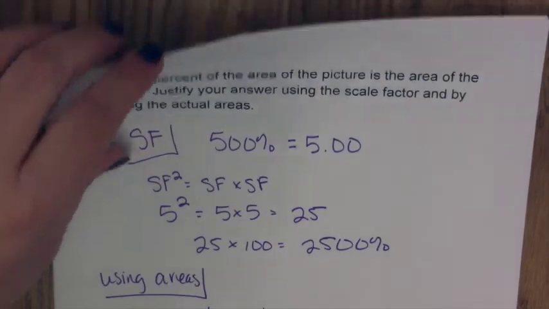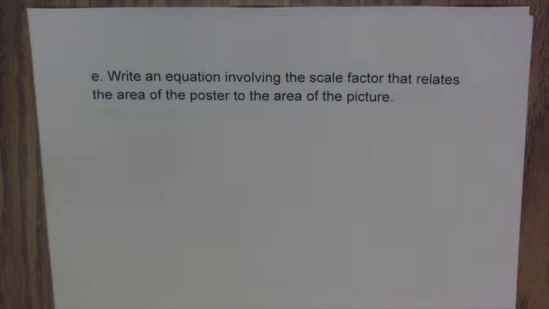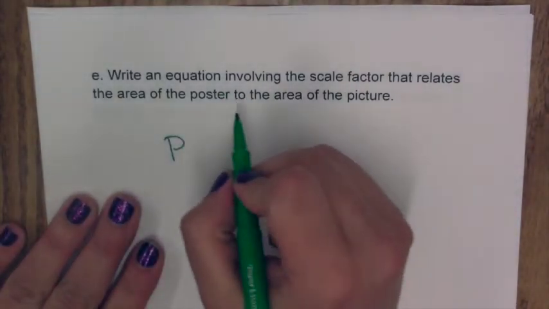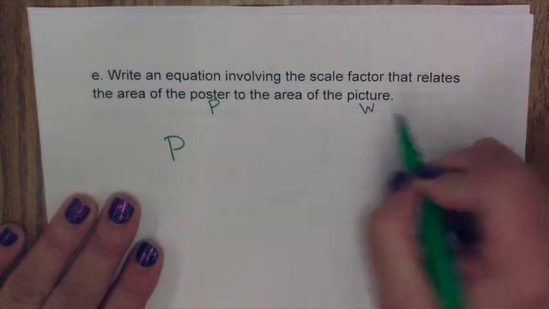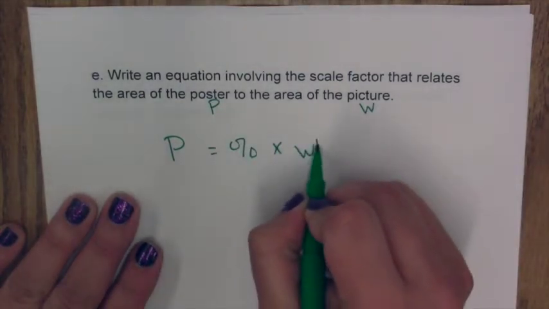Okay, our next question, which we've kind of already answered, says to write an equation involving the scale factor that relates the area of the poster to the area of the picture. So again, this poster was our part and our picture was our whole. So part equals percent times whole.